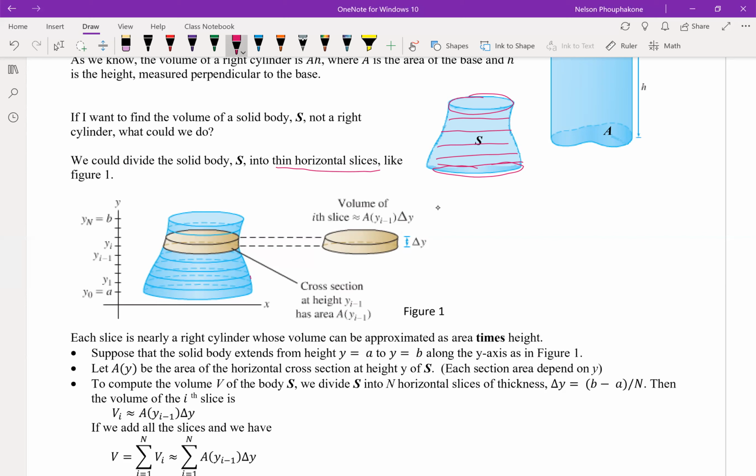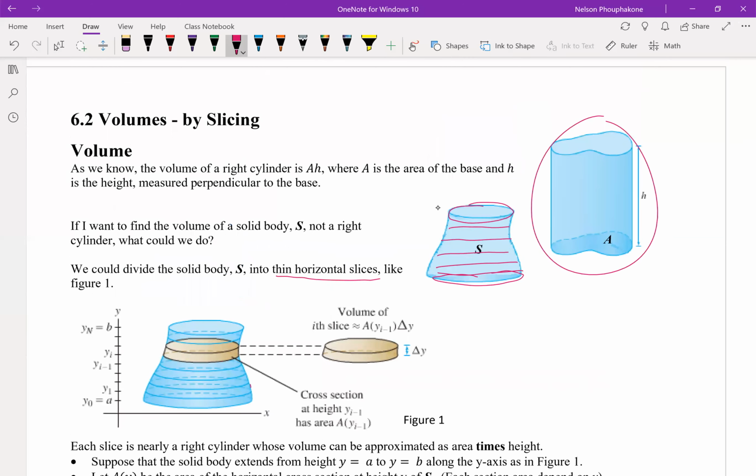Because we cut it really, really thin, the top area and the bottom area are almost the same. Then we will be able to find the volume of each slice.